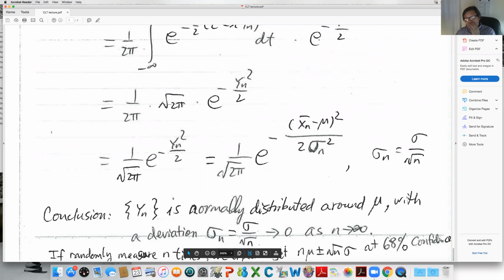If you take n times from a random sample, you will get n times the mean value plus or minus square root of n times the population spread.